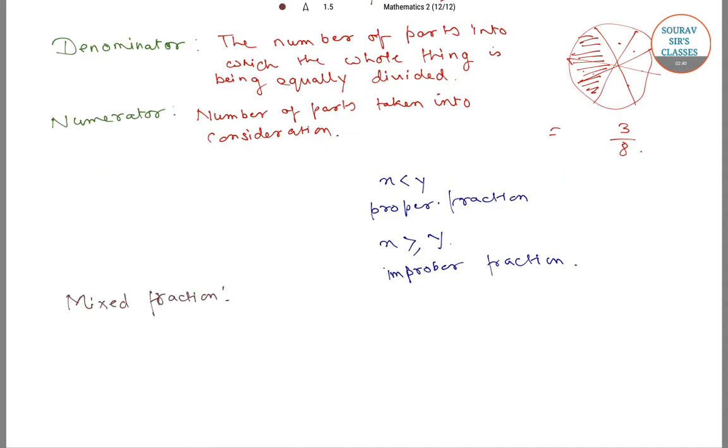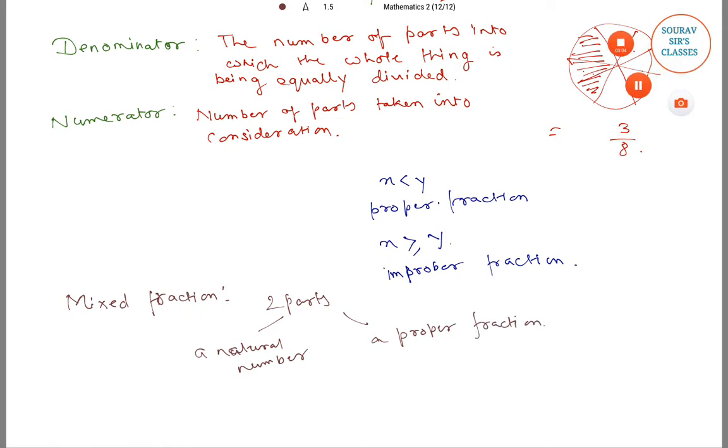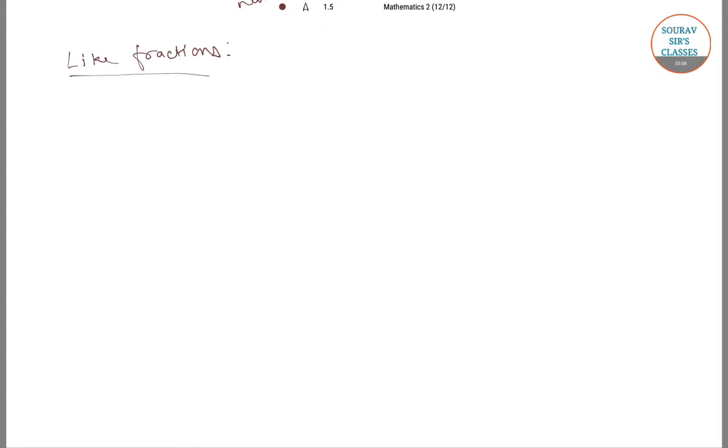Next is mixed fraction. Mixed fraction is a number which consists of two parts. First part is a natural number and second part is a proper fraction. Next is like fractions.